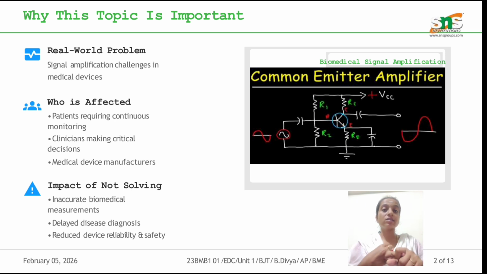Then clinicians making critical decisions: although we have an exact paper format output of the disease, or we are diagnosing something, the clinicians will have difficulty analyzing exactly what the disease is to be identified.